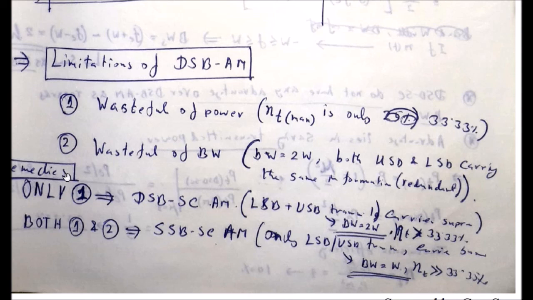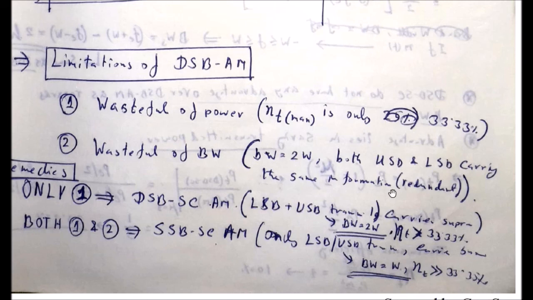So what are the remedies? If you want to reduce the wastage of power, then you can use another scheme, that is called DSB-SC, double sideband modulation with suppressed carrier. That means now only the upper sideband and lower sideband will be transmitted, and the carrier will be subtracted from the modulated signal, so that only the information bearing portion of the modulated waveform will be carried.